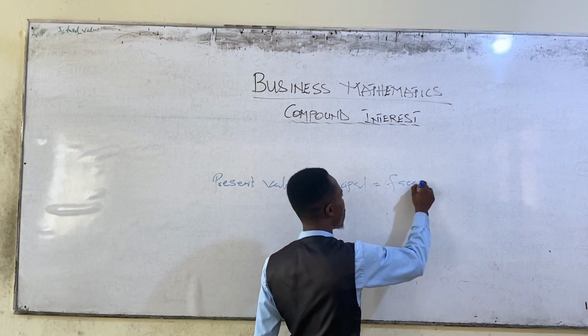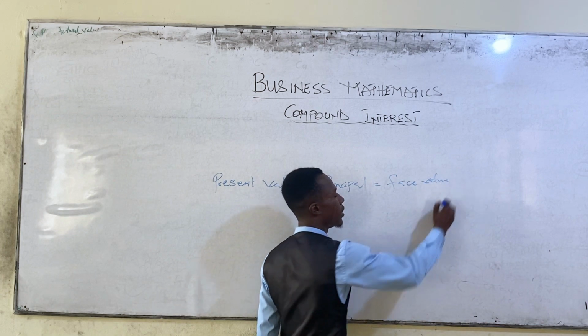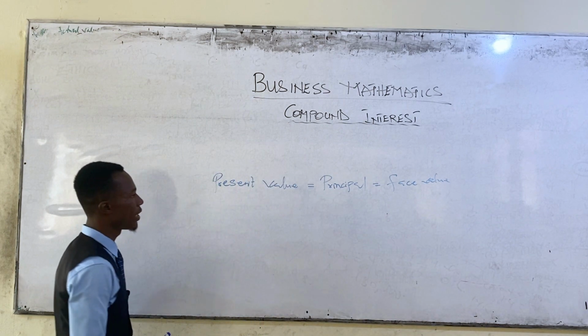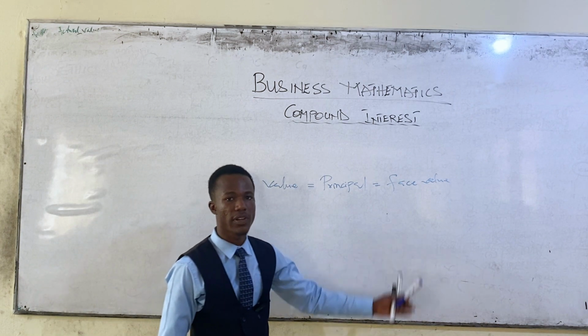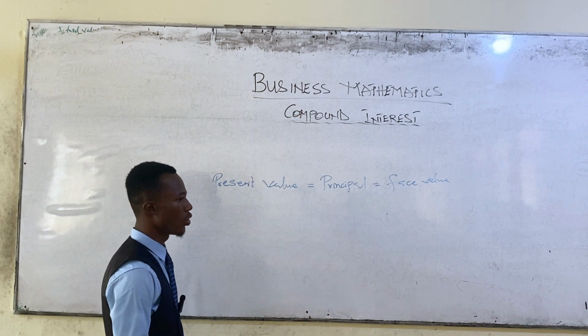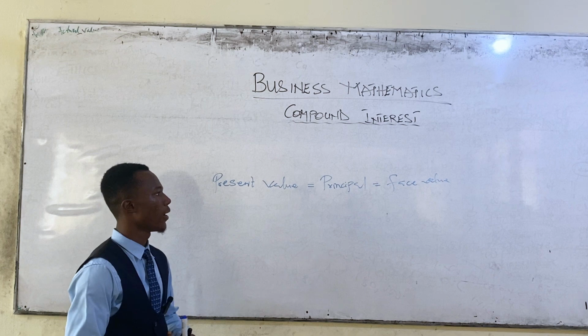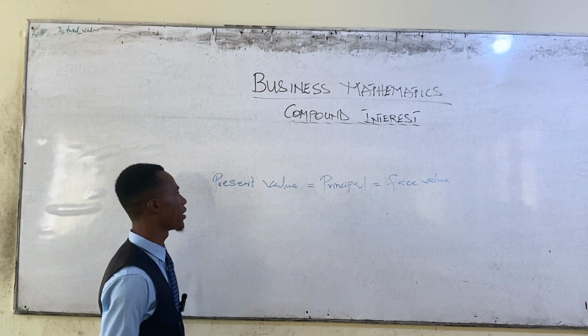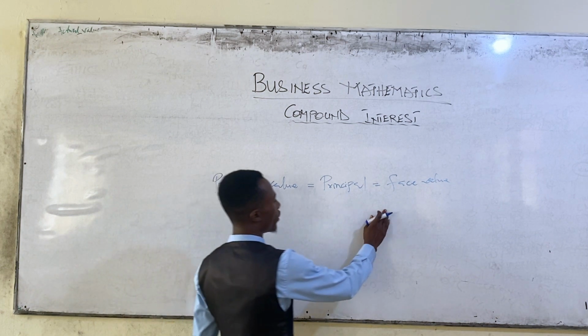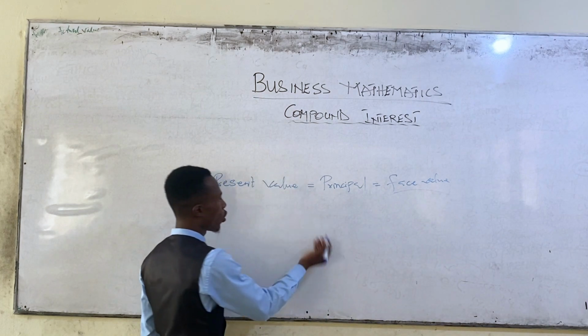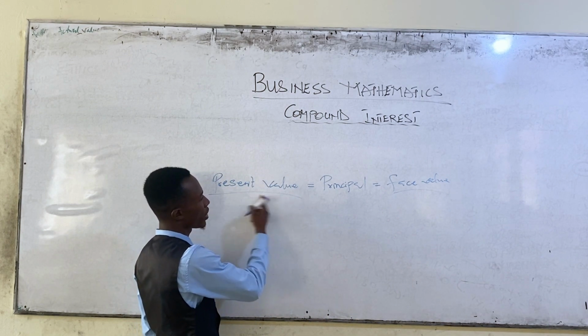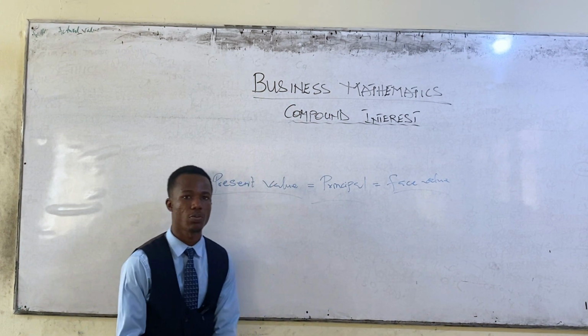The face value of any money. So either present value, principal, or face value, they all mean the same thing. And you know, whenever you take a loan or you borrow some items on credit, the monetary value of it becomes what? The face value or the present value or the principal. I hope you get it.